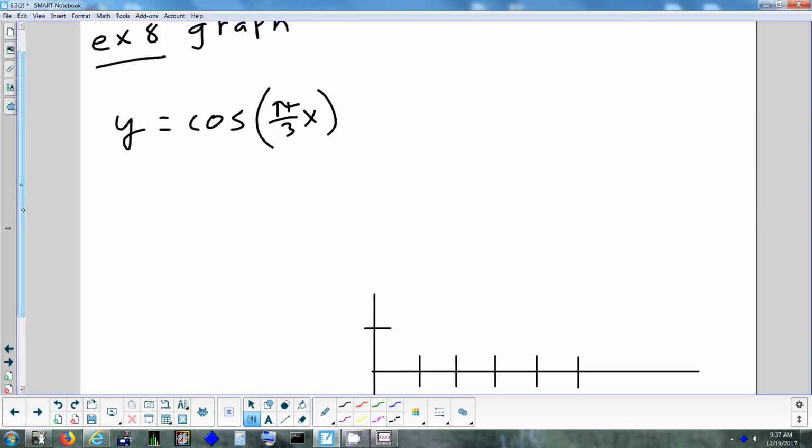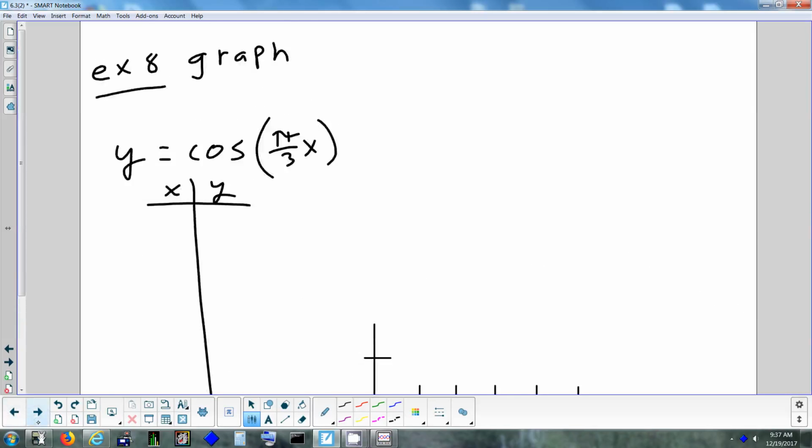Okay, let's look at this one. So at first, when you look at it, it looks like it might be a pretty awful number to deal with in front of the x. But this is actually going to be the nicest graph we've done all week in terms of numbers. Okay, so we just did a cosine, so we already know the y values.